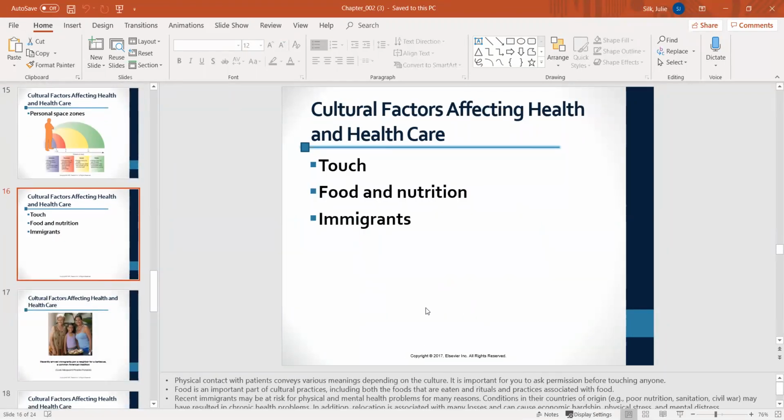All right, this also addresses things like touch, food and nutrition, and immigrants. All of these things can affect our health. Physical contact is super important, but if you are unsure if a person from another culture likes that or is okay with that, you need to ask permission before you touch them.